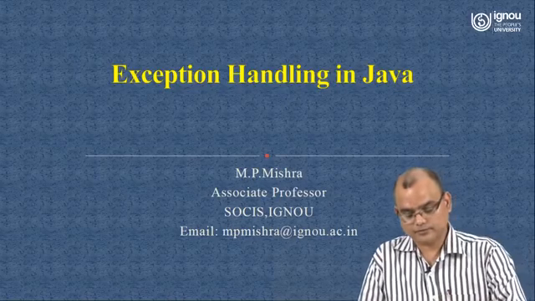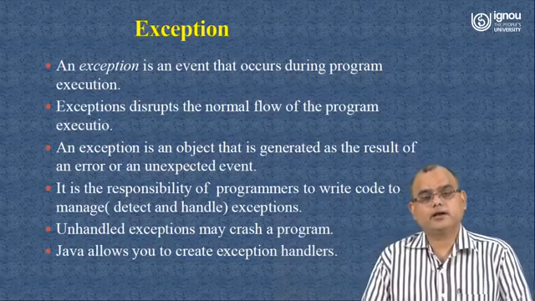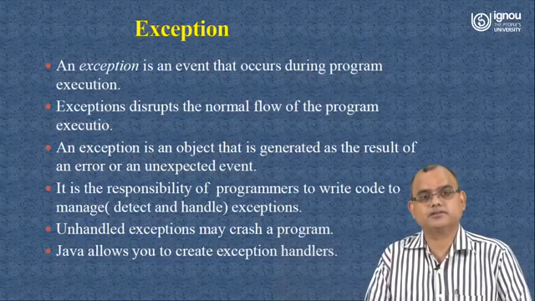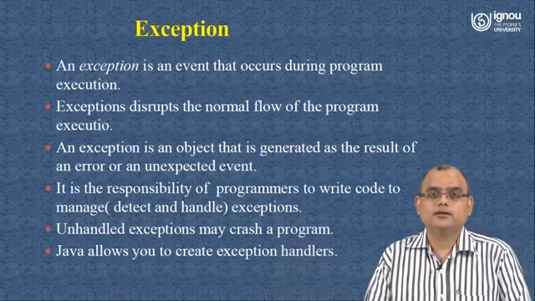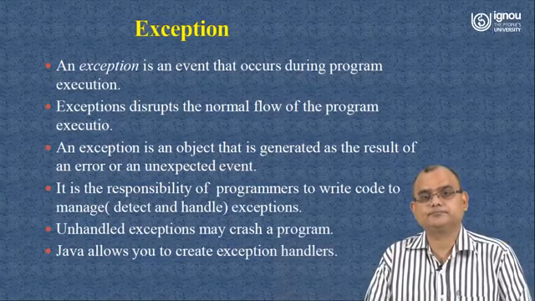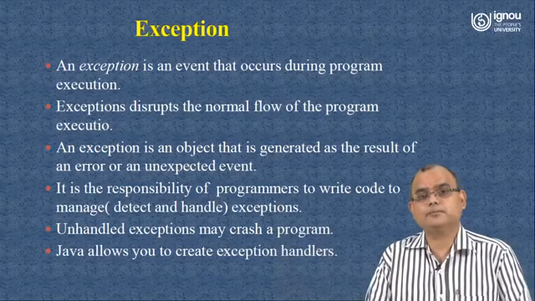So let us move further, and if we talk about exception, exception is nothing but some kind of abnormal condition which occurs during the execution of the program, and that particular occurrence of the exception basically helps the program to divert from its normal flow.